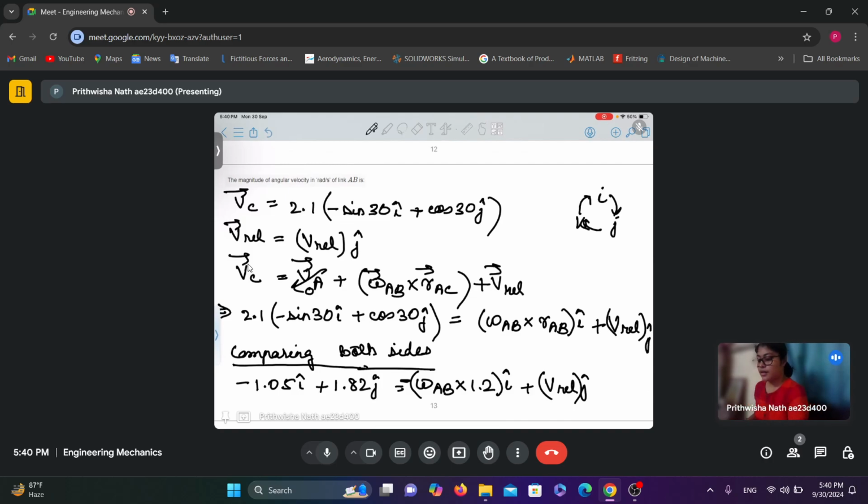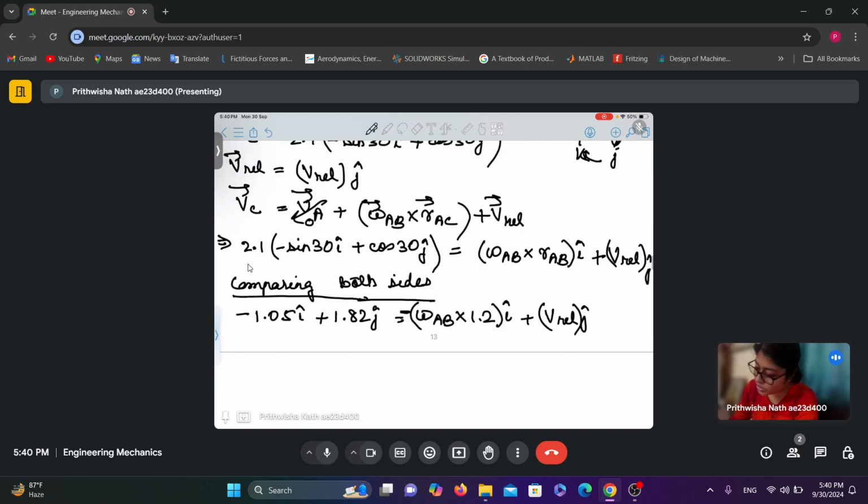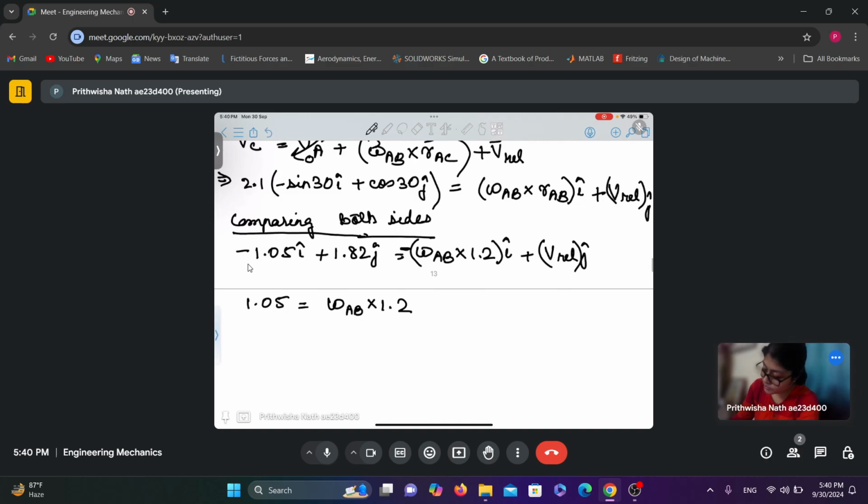So this will be minus i. So comparing both sides, 1.05 equals omega AB into 1.2, right? So omega AB will be 1.05 divided by 1.2.